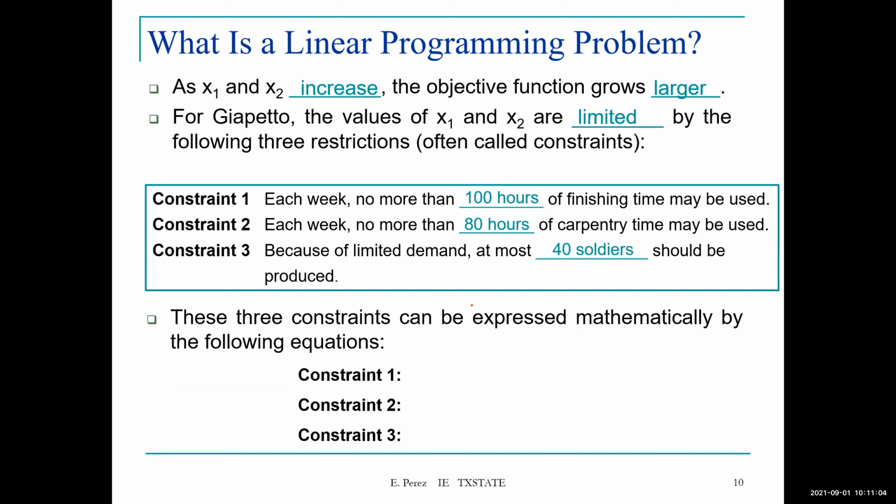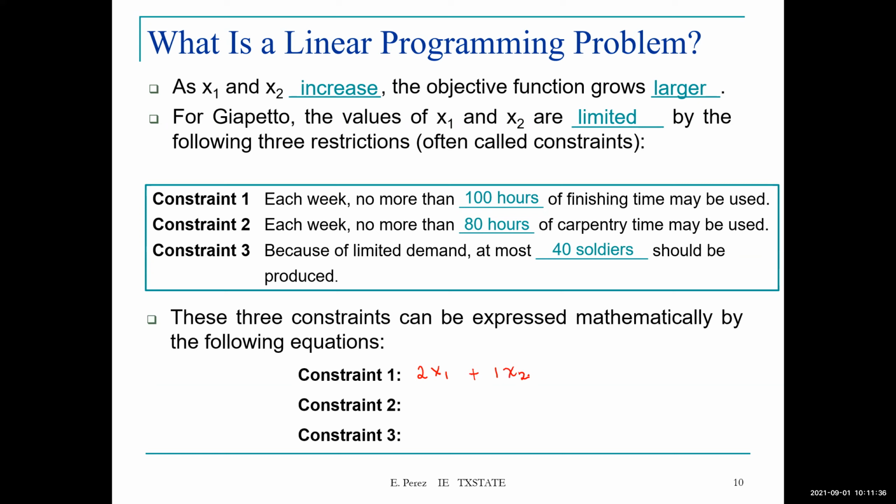So these three constraints can be expressed mathematically by the following equations. So going back to the representation of each product by their decision variables, we look at the finishing time. We know that for soldiers, we require 2 hours, and we're going to multiply that by the decision variable x1, which represents the soldiers, plus 1 hour times x2 for the trains.